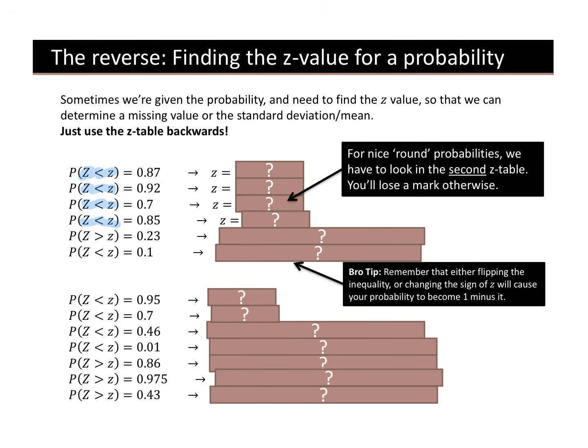I'm going to look for our phi of z being 0.87. So now we're looking in the column that looks like this to find our z value. So we're looking for 0.87. Everyone get your sheet, let's have a look. 0.87.